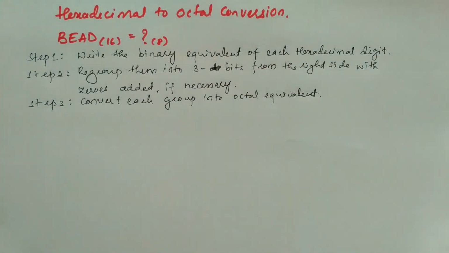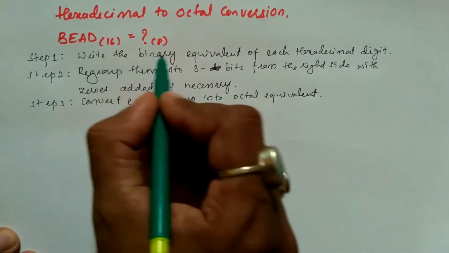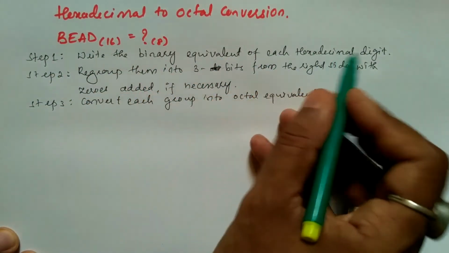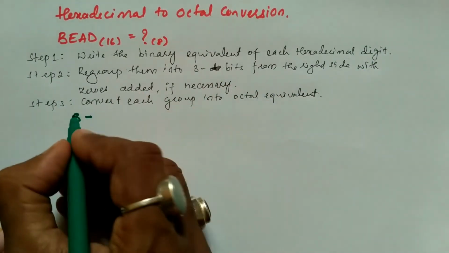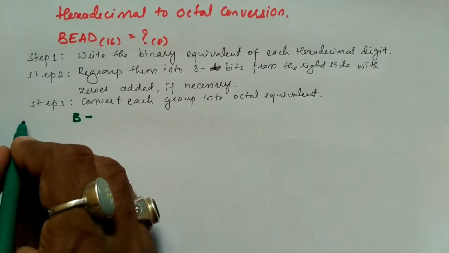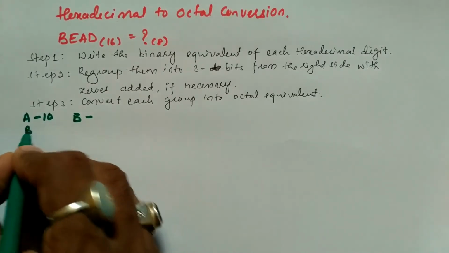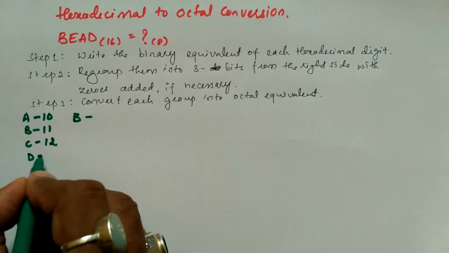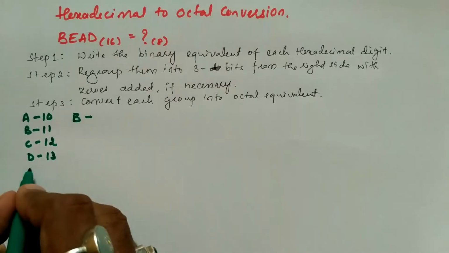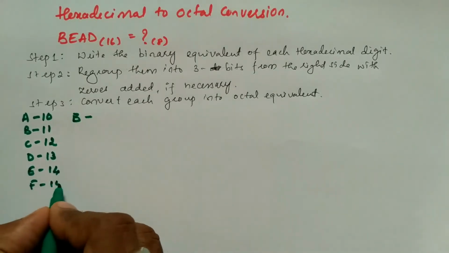Now let us come back to this example. What we need to do is write the binary equivalent of each hexadecimal digit. So first of all I'm going to write B. As we already know, A represents value 10, B represents 11, C represents 12, D represents 13, E represents 14, F represents 15.